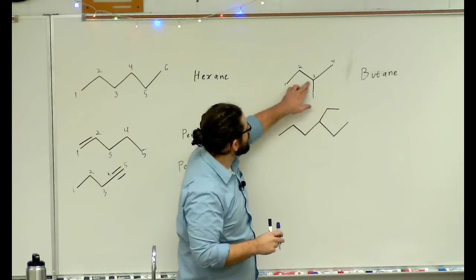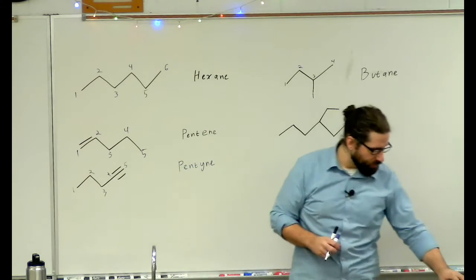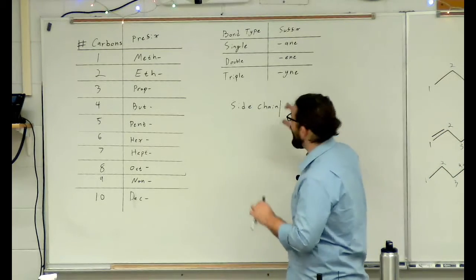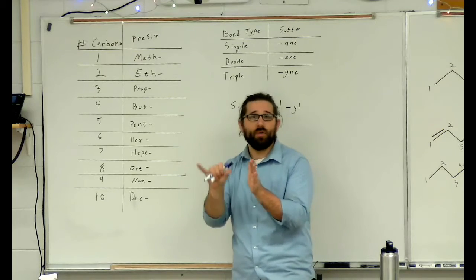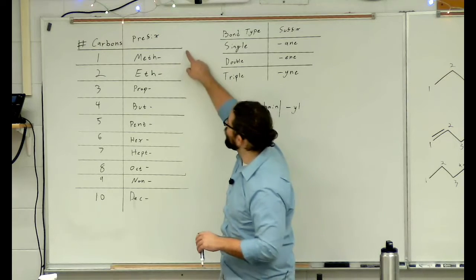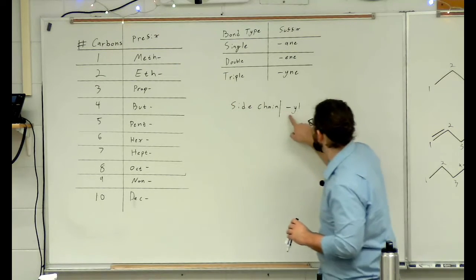But now, what do I do with this extra little carbon hanging off the side? Well, for side chains, let's go back to our rules. For side chains, what we're going to do is we're going to add in an extra word in front of our base chain. And we're going to give that word a prefix according to how many carbons are in that side chain, and then we're going to end it with "yl."